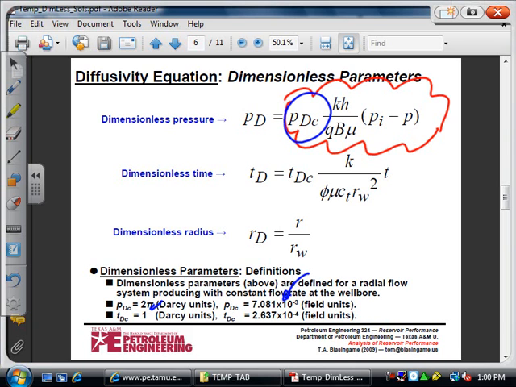And as far as I remember, if you use a constant pressure at the wellbore, then this will be your definition for the dimensionless pressure, which is P minus Pwf, that is constant, over Pi minus Pwf. Okay? This will be your dimensionless pressure.